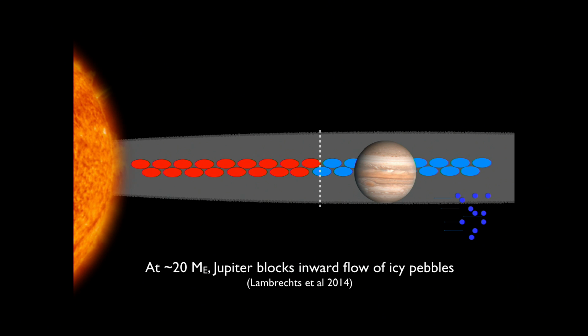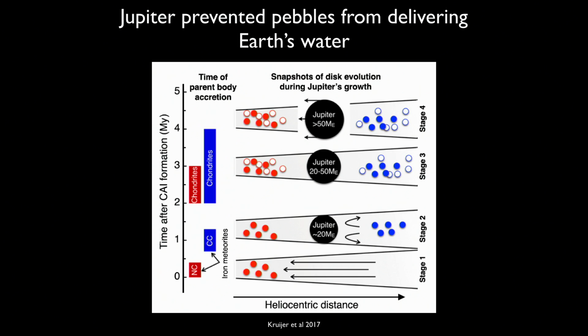And in the solar system, Morby alluded to this as well, there's some meteoritic constraints on when Jupiter formed and may have actually done this, blocked pebbles in this way. And so we're looking at here, it's kind of a rough formation timescale on the y-axis. And these different rectangles are basically different classes of meteorites. So the red ones, the carbonaceous and non-carbonaceous chondrites, are two isotopically different types of meteorites.